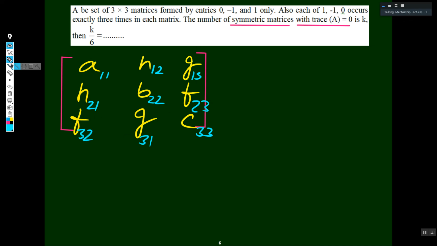That's it. So like that you have to write. That means whatever you are writing in 1, 2 place, you must write the same in 2, 1 place. Whatever you are writing in 1, 3 place, you must write the same in, I think I wrote this wrong. This is 3, 1. This is 3, 2.